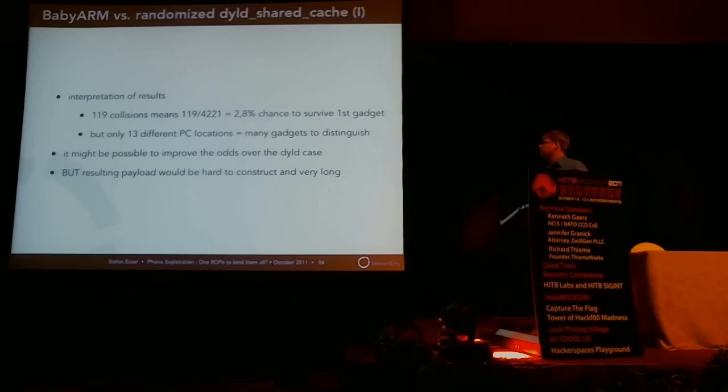So to just survive the first gadget, the chance is 2.8%. But because you only have like 13 different program counter locations, but 119 different collisions, you have many gadget clusters you have to distinguish between.